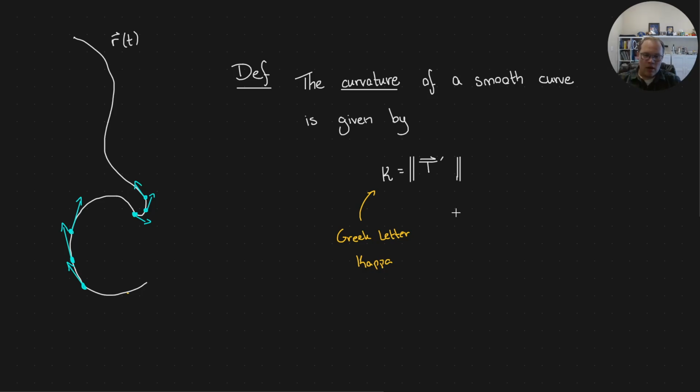Okay. Now, even here, this still isn't quite right. If I had the unit tangent vector at some arbitrary parameter t, then for different parameters t, we're going to get a different curvature, right? Because how quickly you change depends on how fast you're traversing the curve.